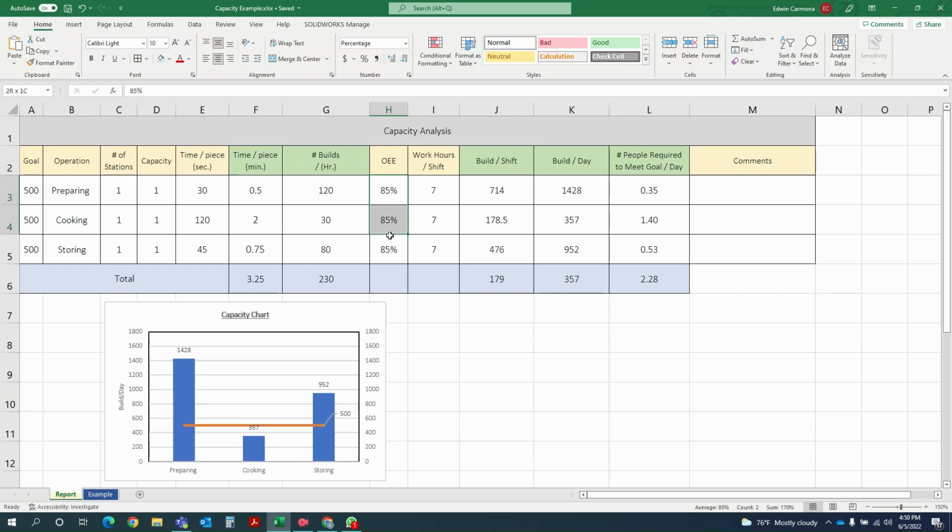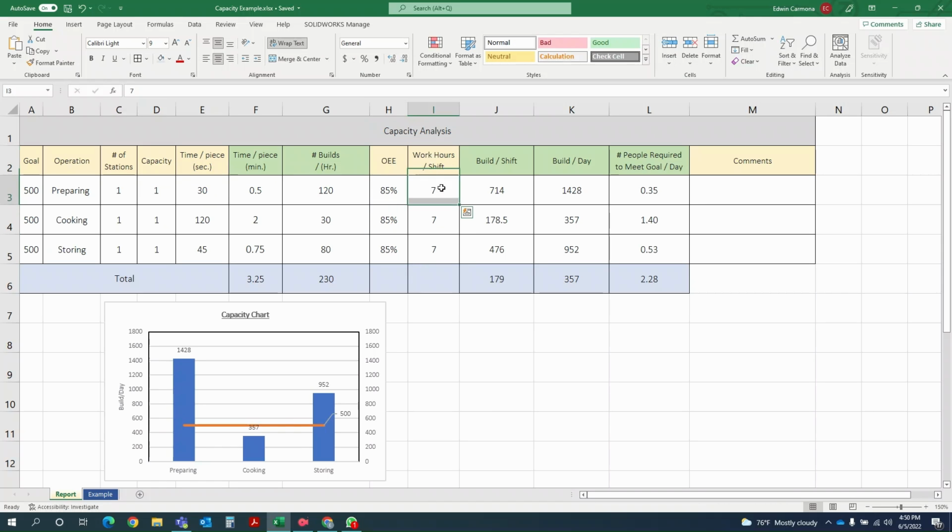For my case, I know it's going to be 85% because I might have a specific tool that goes down every now and then. A safe bet for me is usually actually 75%, sometimes 65, but for this case, I use 85 for all of them. So it's just a percentage.